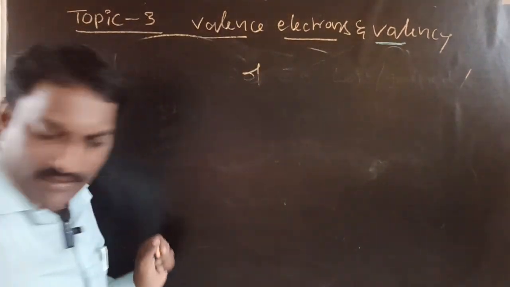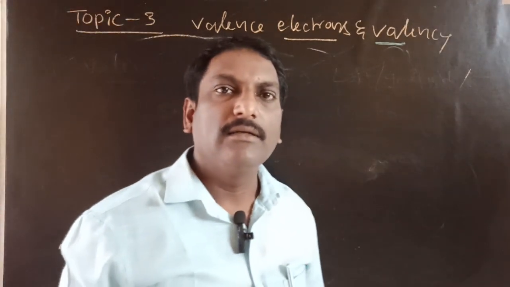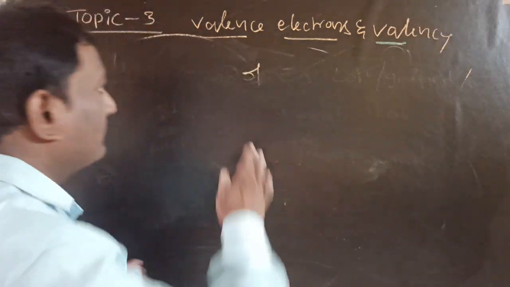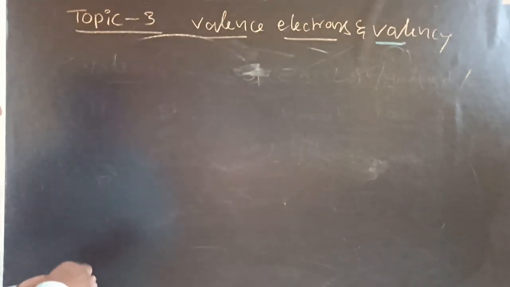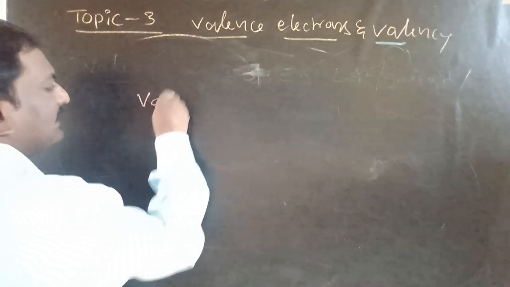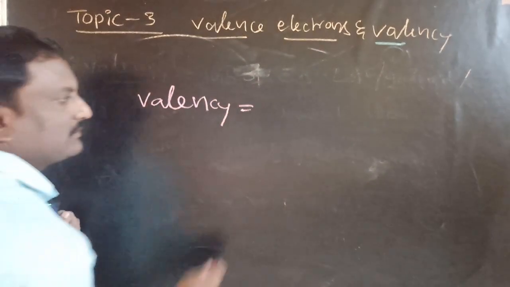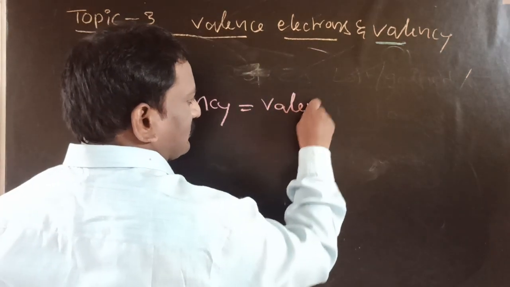So I would like to give a generalized formula to find out valency, and please make a note of it. Valency formula: valency of an element equals valency electrons.